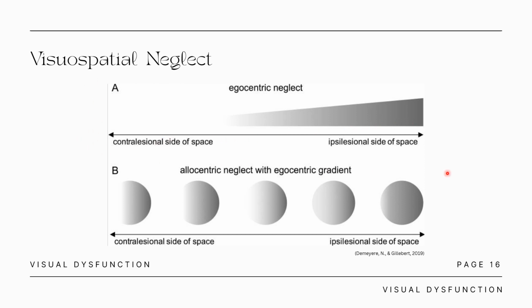But I think that this particular diagram here about egocentric neglect is also a good way to think about visuospatial neglect in general, to compare it with a field cut. Because unlike homonymous hemianopsia, which strictly follows the midline, right down the center, where a person wouldn't be able to see anything to the contralesional side, visuospatial neglect is characterized by a gradual fading toward that contralesional space.